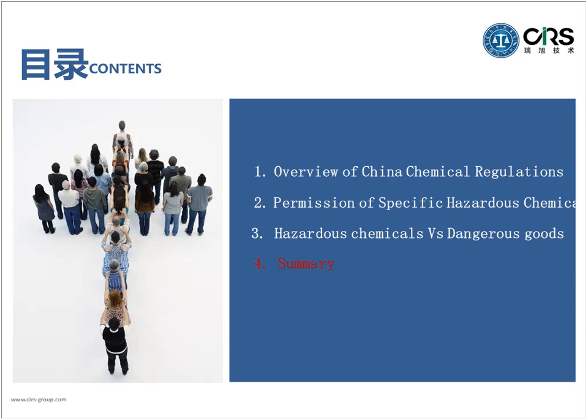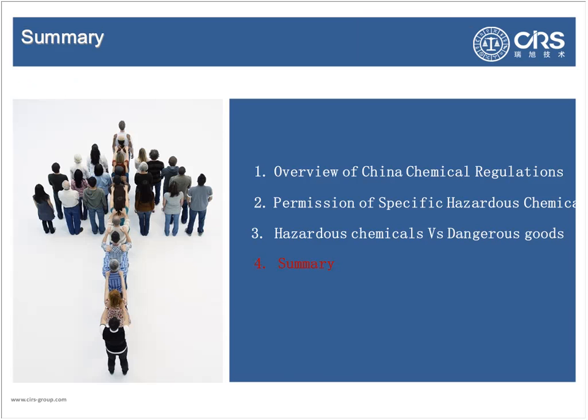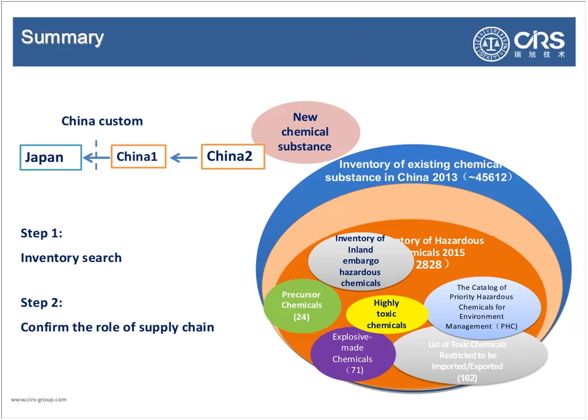Okay, on the last part, we will give you some practical advice. Basically, there are two parts. Firstly, if you want to bring some chemicals into China, the first thing you may consider is to take the inventory search. For example, you need to check whether your chemical is new in China, whether this chemical is regarded as hazardous in China, and also if they are listed in some specific hazardous chemicals inventory.